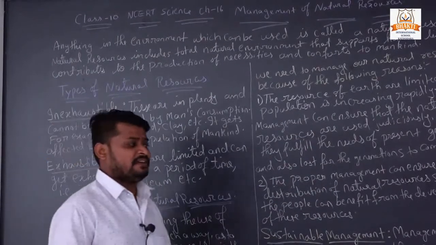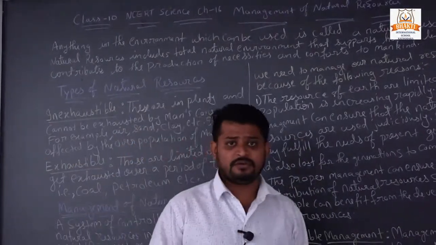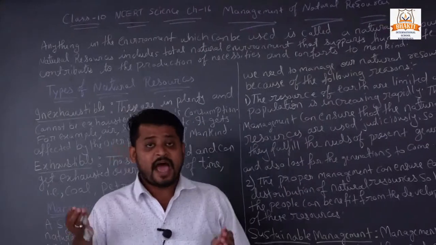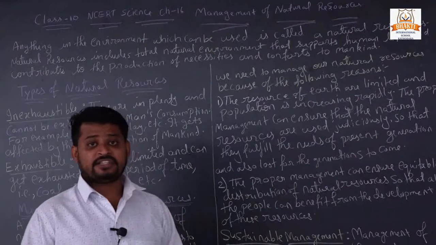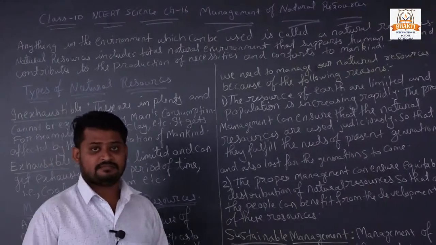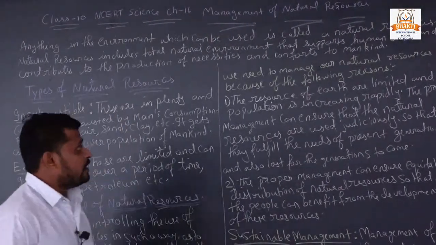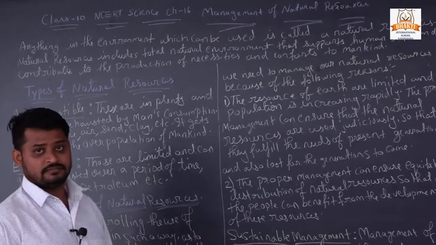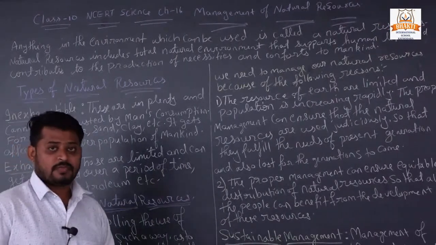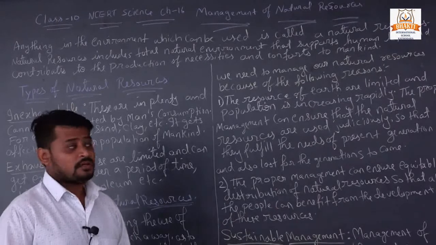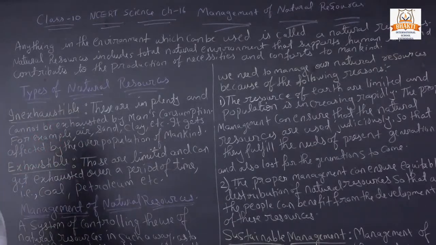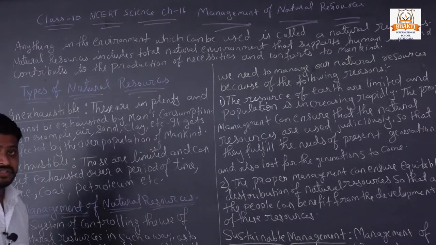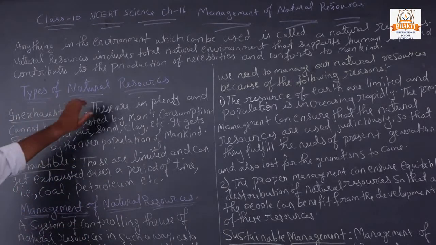It means anything, like fuel, petroleum, wood, fruits, vegetables, anything that fulfills the needs of human beings and animals and provides us comfort for a better life, is called a natural resource.